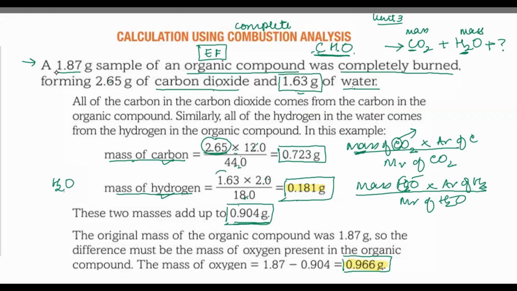You'll find the mass of carbon and hydrogen, then subtract the sum of these two from the initial mass of the compound to find the mass of oxygen. Then put them in the empirical formula framework with 3 columns and find the empirical formula.